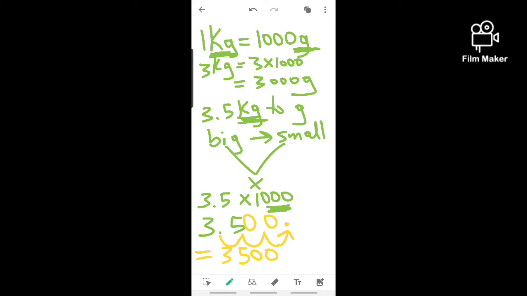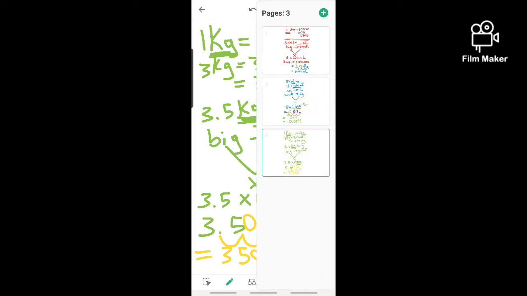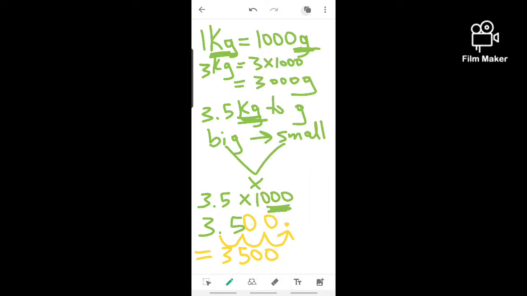So to finish up this video, we're going to look at another example of our conversions of weight. So let's say we wanted to go from grams to kilograms. Let's say I said 400 grams to kg. Right away we're going to ask ourselves, is this small to big or big to small? Grams is the smaller unit and kg is the bigger unit, so we have small to big.